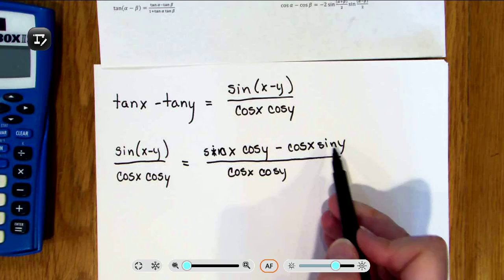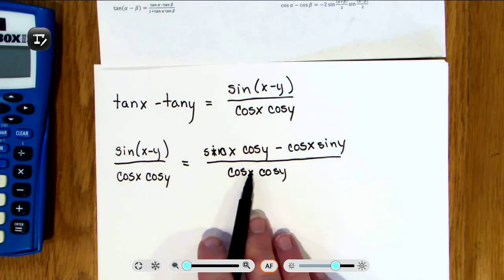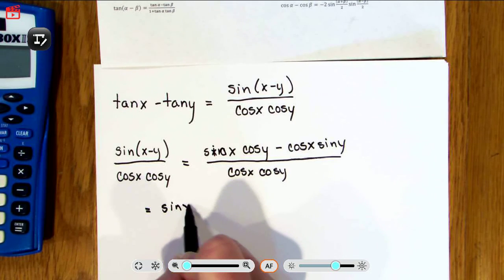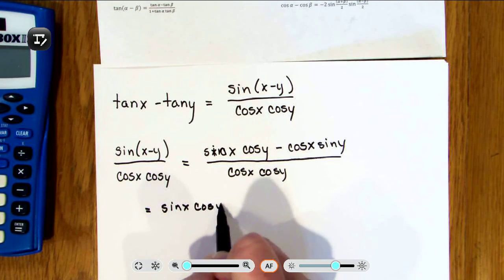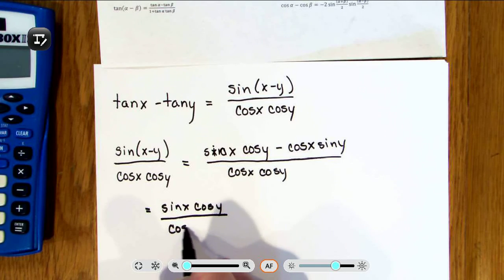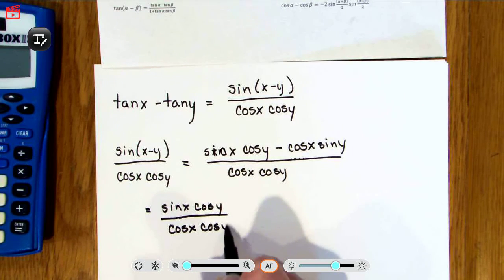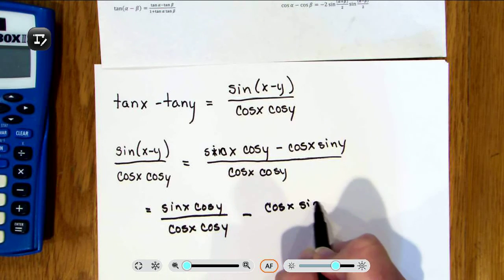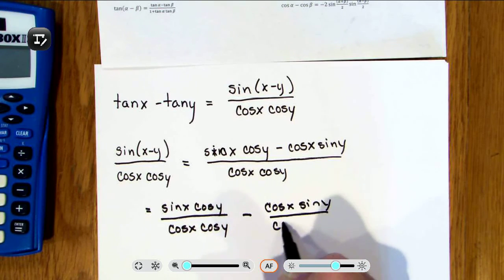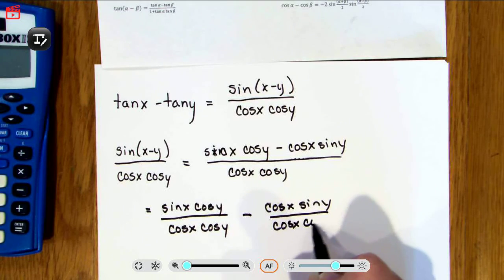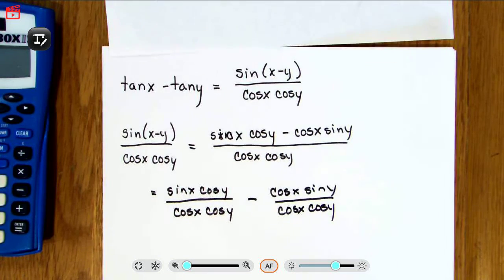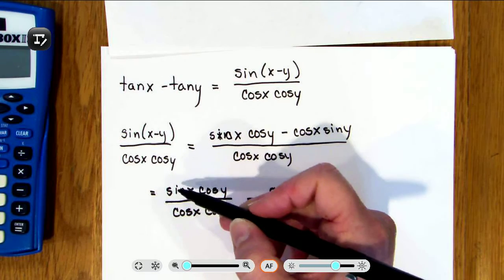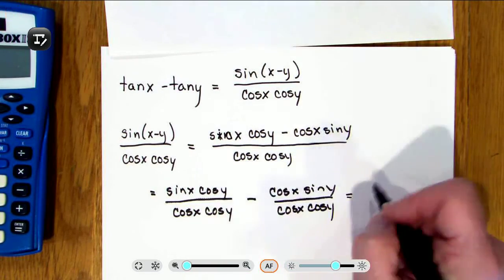I'm going to break this up into two fractions because I'm keeping an eye on where I'm going. So I'm going to have the sine of x cosine of y over cosine x cosine y minus cosine x sine y all over cosine x cosine y. We will notice that the cosines of y cancel, and I'm left with sine of x over cosine of x.